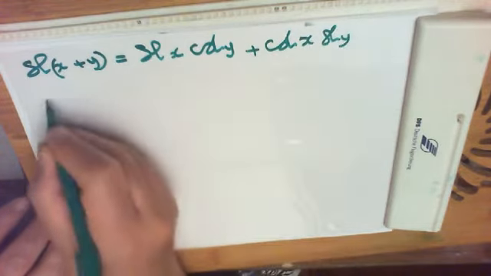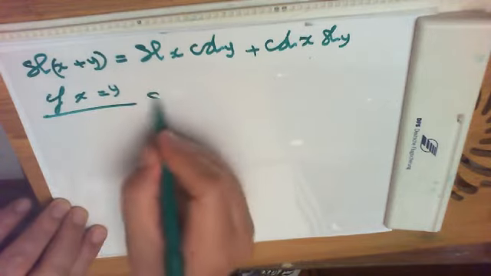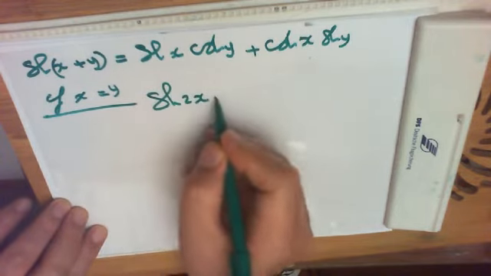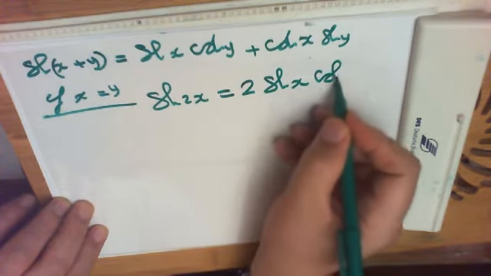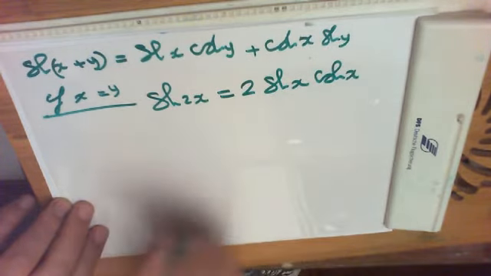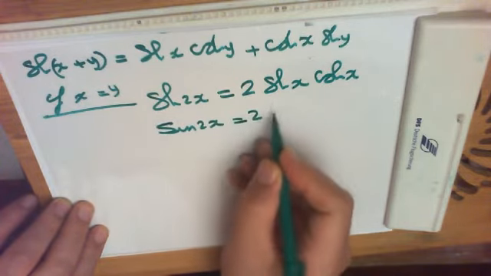If x equals y, the left hand side will be sine 2x, while the right hand side will be 2 sine x cosine x. Similar to trigonometric functions, sine 2x equals 2 sine x cosine x.